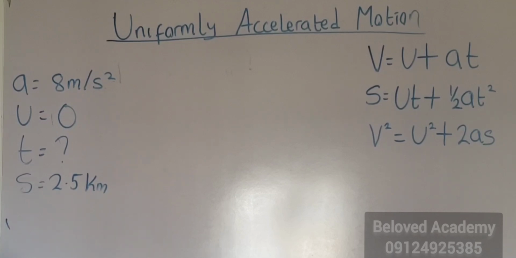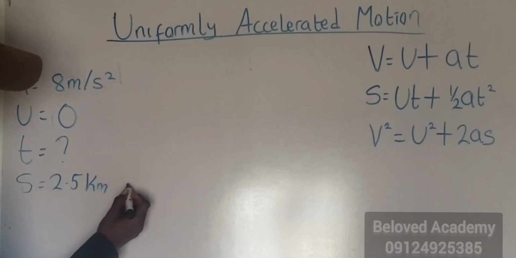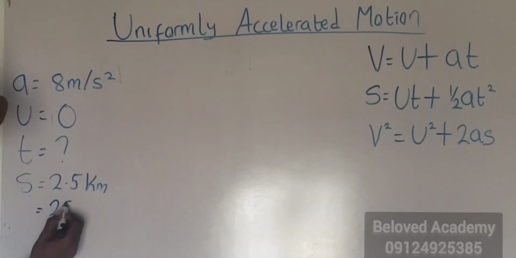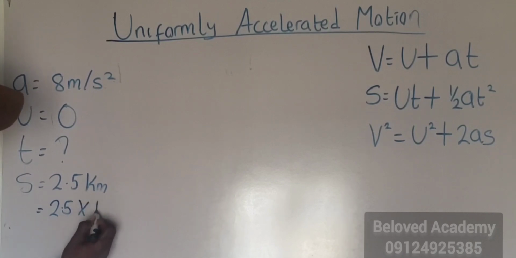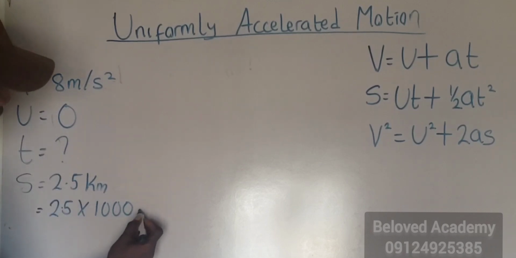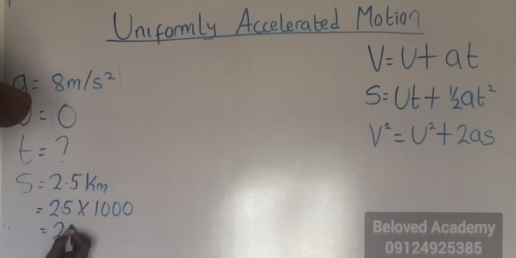So this can be written as 2.5 multiplied by 1000. You can do this without a calculator because 1000 has 3 zeros, so I'm going to move the decimal point 3 times. That will be 2500 meters. Do you understand?